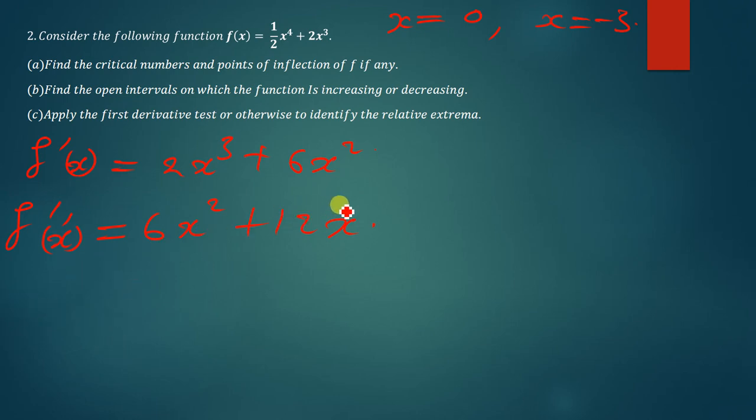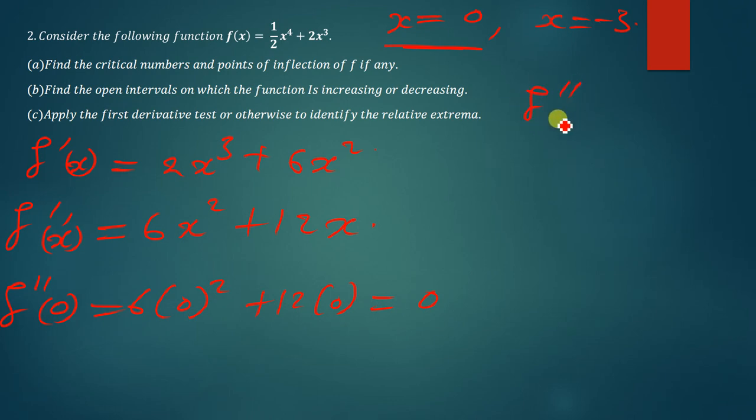So how do we determine that? We find f''(0) first. We replace x with 0, so we have 6 times 0, plus 12 times 0. When you add these two, you get 0.